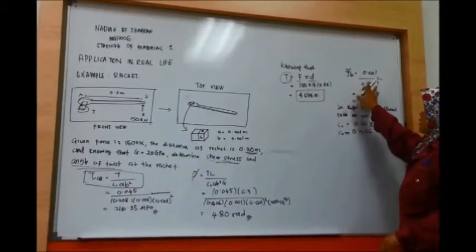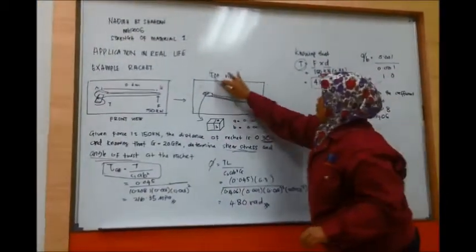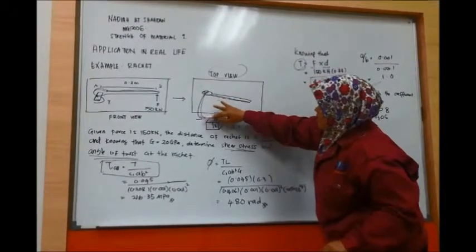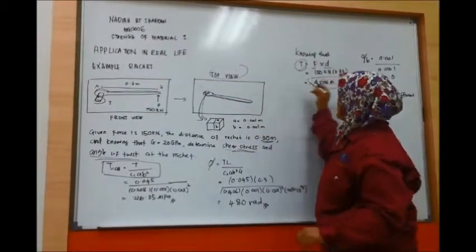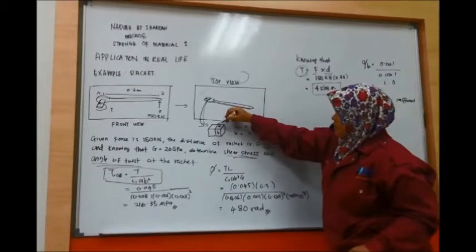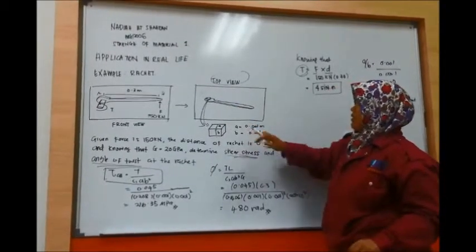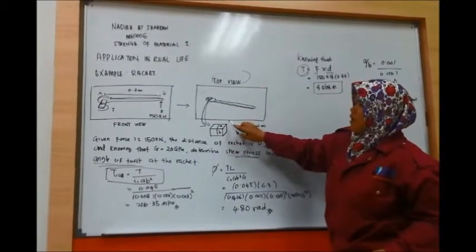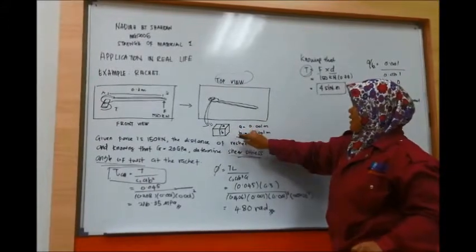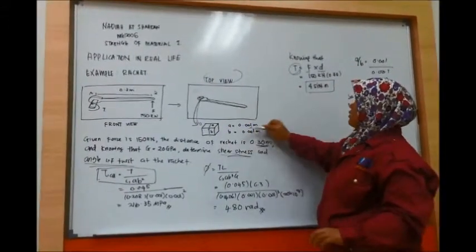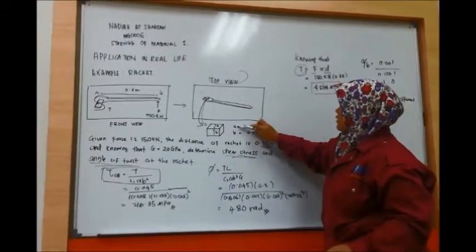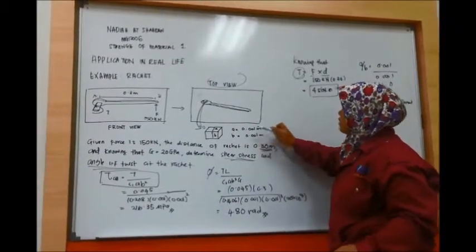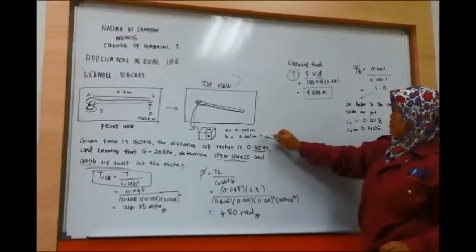From the top view, we can take out this rectangular bar with a and b, where a is the long length and b is the short length. As we know, a is equal to 0.001 and b is 0.001 also.